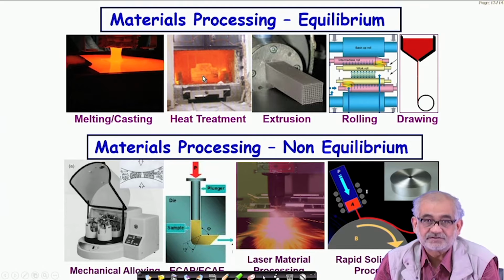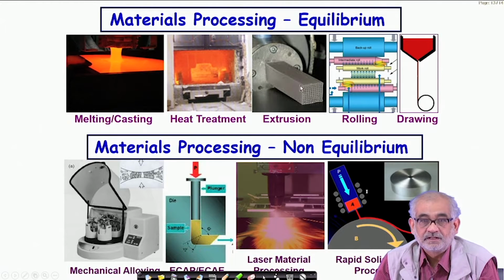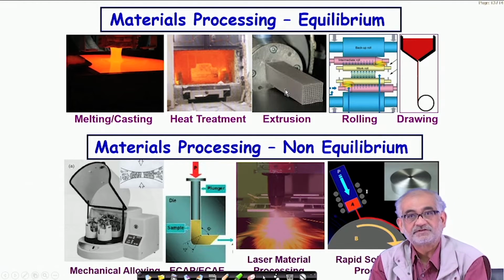This is how we can heat and then beat, and through such thermomechanical processing we can create certain solids of very specific shape, size, and geometry. This is another mechanical deformation process which allows us to form long structures of a particular diameter or cross-sectional geometry.